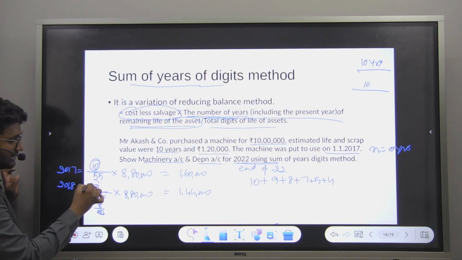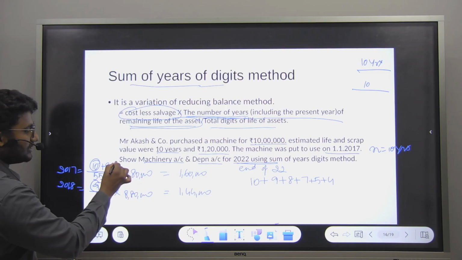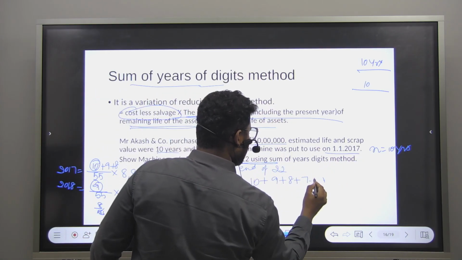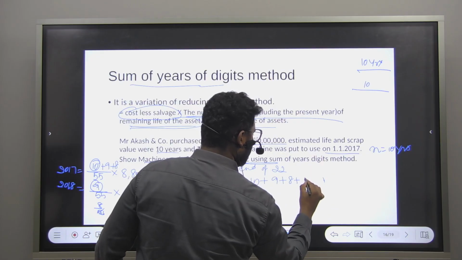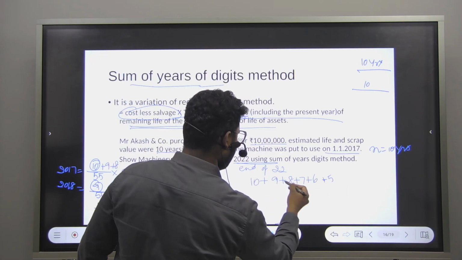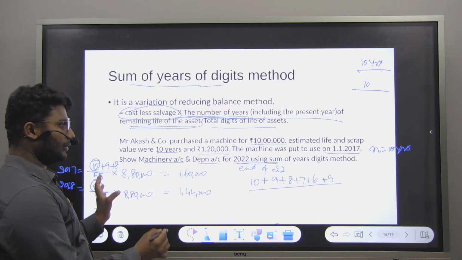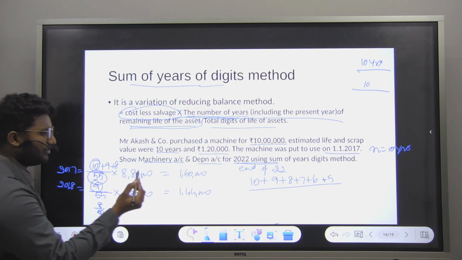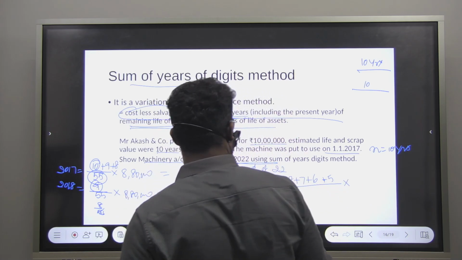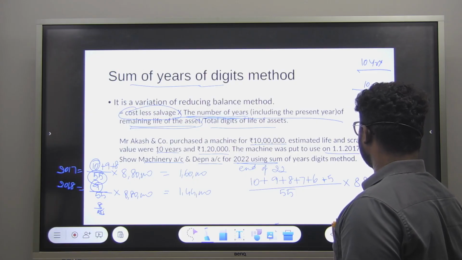Here we are not taking just one digit, we are taking it all together. 10 plus 9 plus 8 plus 7 plus 6 plus 5. Divided by sum of numbers, that won't change, 55 stays the same. 55 multiplied by 8,80,000 rupees.